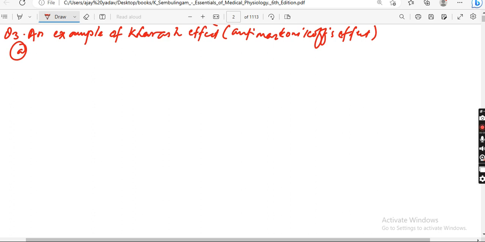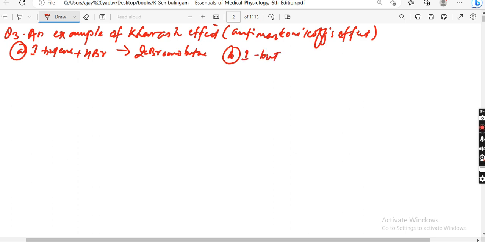So option A is 1-butene plus HBr gives 2-bromobutane. B is 1-butene plus HBr gives 1-bromobutane.